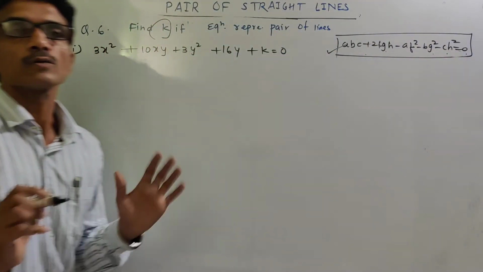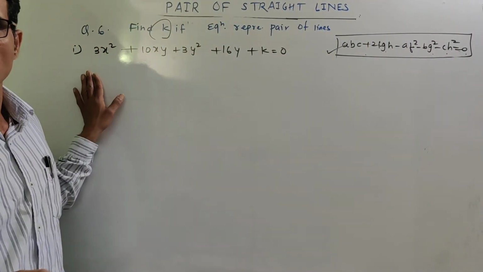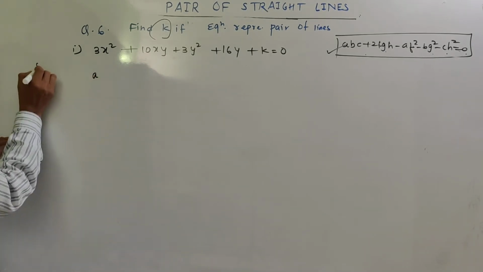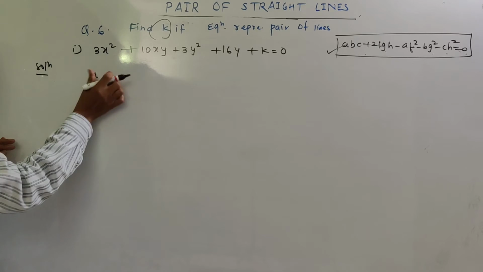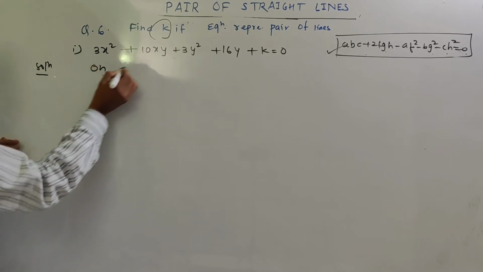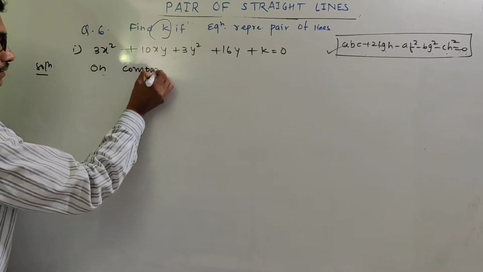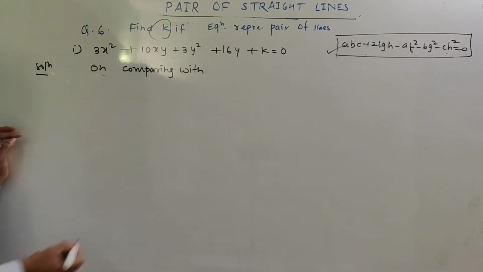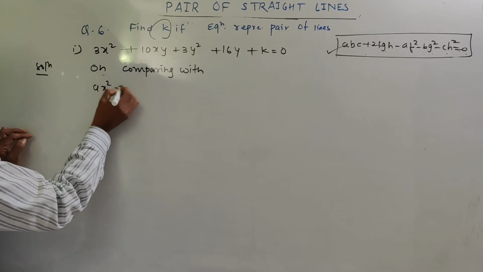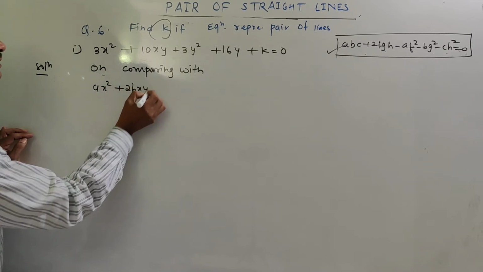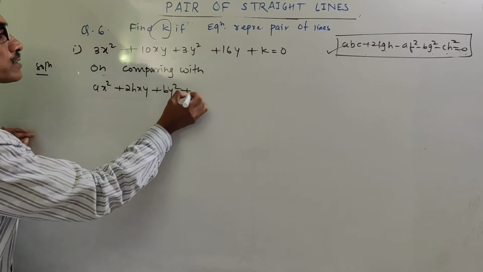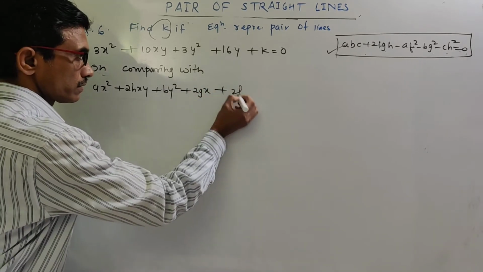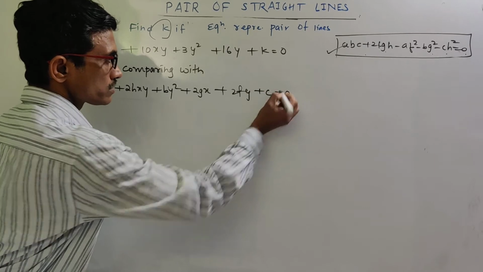So first of all, we compare this given equation with our general second degree equation, that is ax square plus 2hxy plus by square plus 2gx plus 2fy plus c is equal to 0.